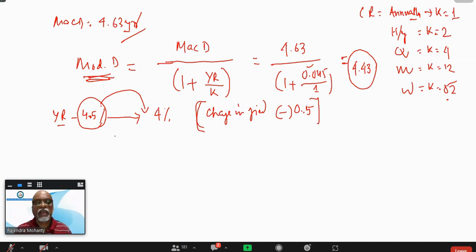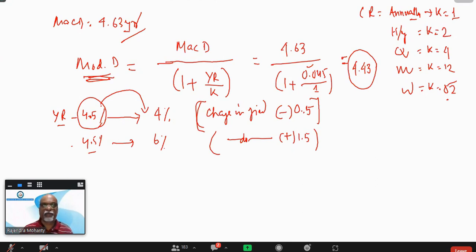Suppose they say that the yield rate was 4.5%. Now the yield has changed to say 6%. So in this case, the change is how much? Plus 1.5, sir. Plus 1.5. Okay, so according to this change, we can calculate the price of the bond. So what is that formula?